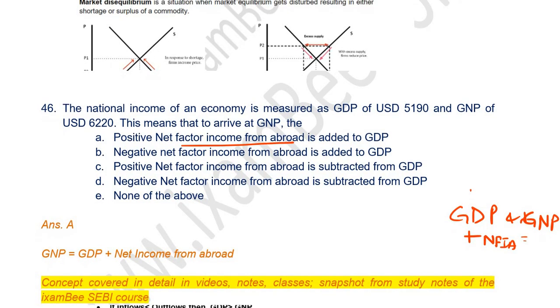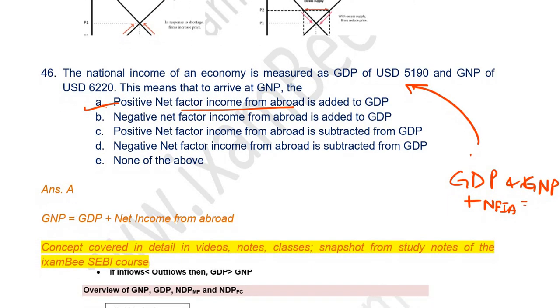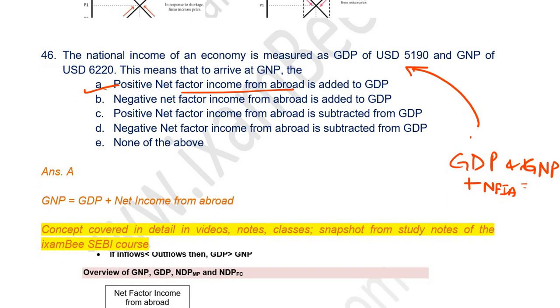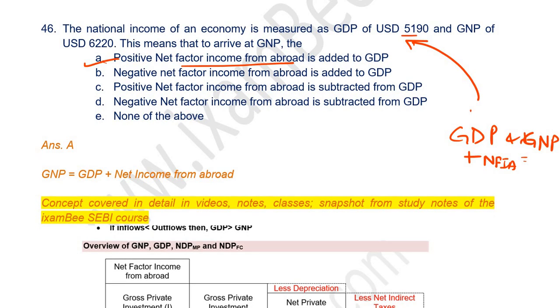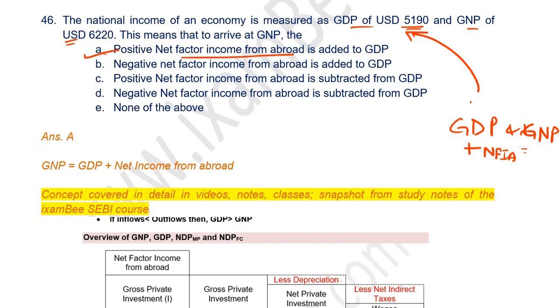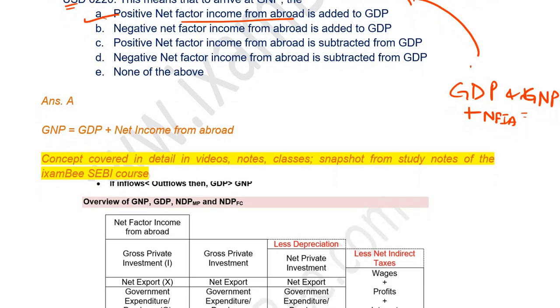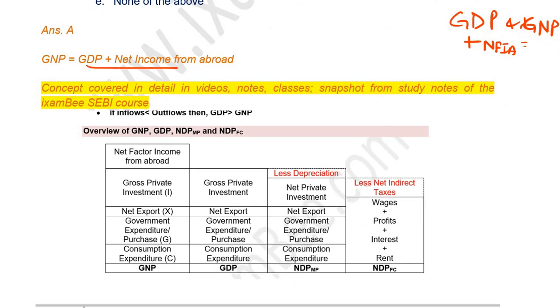So this question was asked indirectly by giving certain values, and the difference, why has it come, was asked. So this was because net factor income from abroad is positive, because of which when we add it to GDP, we get GNP. So just that they have placed values to GDP and GNP, the concept remains the same. So if a person understands the concept, they will very easily be able to get this answer.